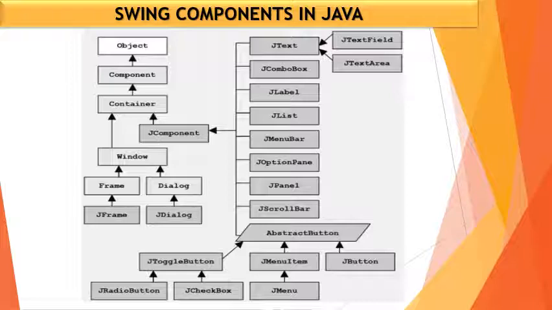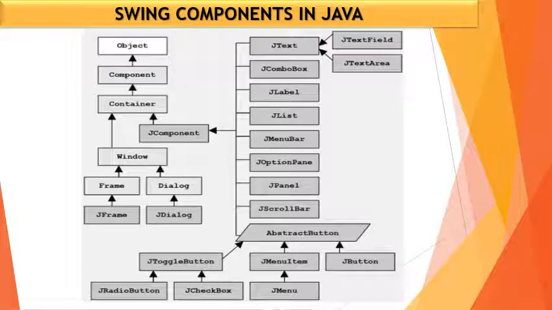Let us see here. There are some components which are concerned with the containers and the components which have the J components. At the right hand side, the JTextField, JComboBox, JLabel, JList, JMenuBar, JOptionPane, JPanel, JScrollBar and the abstract button are a number of swing components which are concerned with the component class, that is the JComponent class.